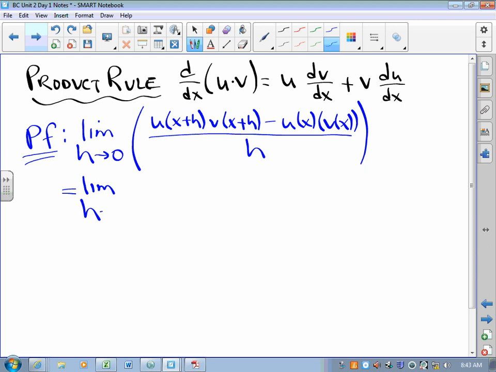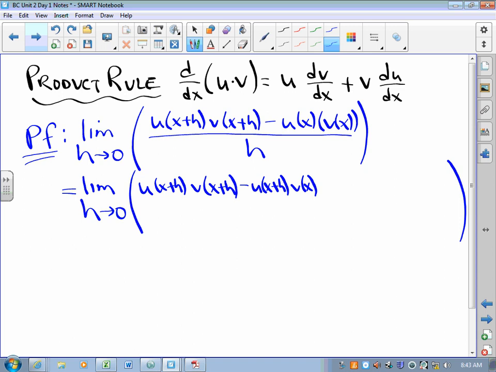So, for reasons that will become clear soon, I'm going to break this up. I'm going to add and subtract the same thing. I'm going to subtract u of x plus h times v of x and add u of x plus h times v of x. That does not change anything.